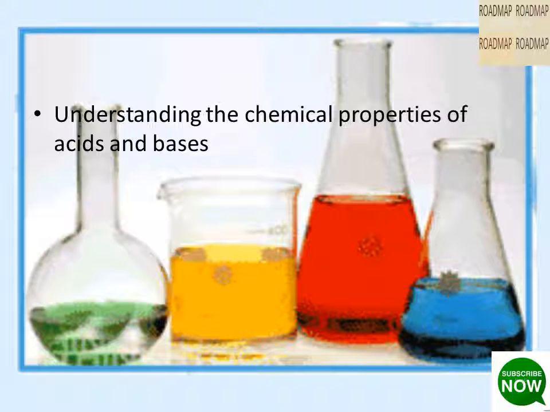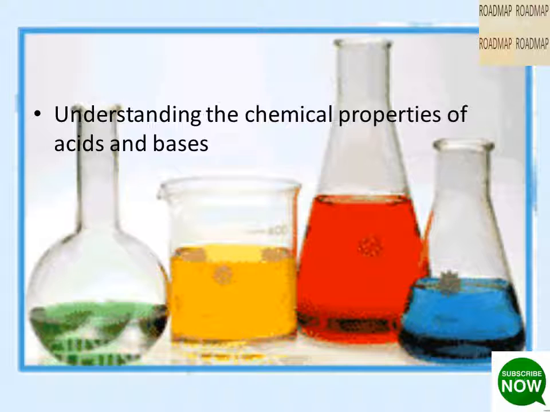Now, consider the activity. Collect the following samples from the science laboratory: hydrochloric acid, sulfuric acid, nitric acid, acetic acid, sodium hydroxide, calcium hydroxide, potassium hydroxide, magnesium hydroxide, and ammonium hydroxide. Now, put a drop of each of the above solutions on a watch glass and test with a drop of the following indicators.